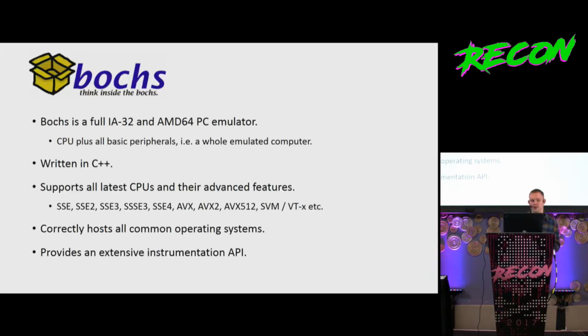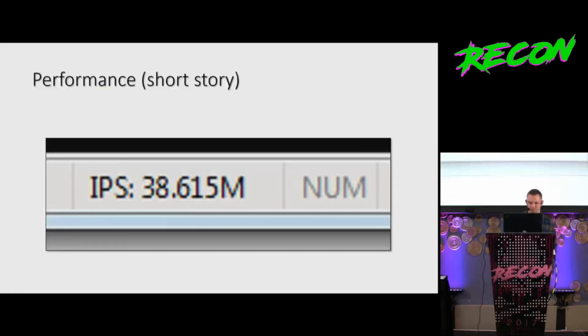It's written in C++. It's developed by Intel, which means that it has support for all of the latest CPU features you can imagine, all of the extensions and stuff like that. It correctly hosts all common operating systems. Myself, I just tested Windows and Linux and didn't have any problems at all with that. And what's the best for us is that it has a very extensive instrumentation API.